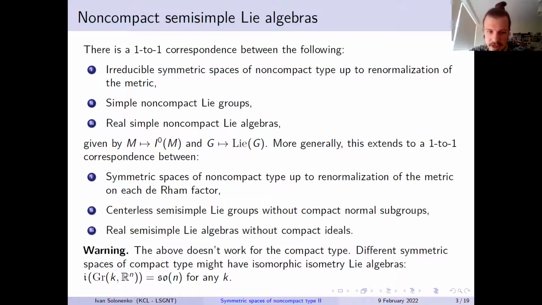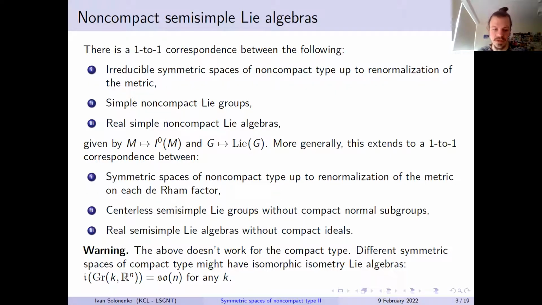Here's a warning. The gist of this is that I can talk about non-compact symmetric spaces, or equivalently, I can talk about real semi-simple Lie algebras without compact ideals. This is a one-to-one correspondence.